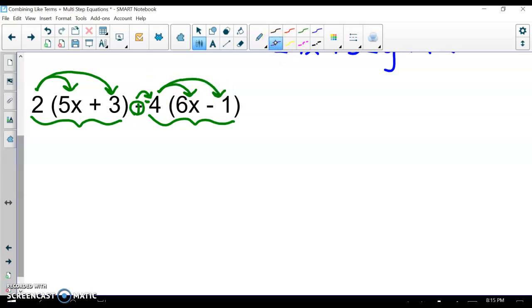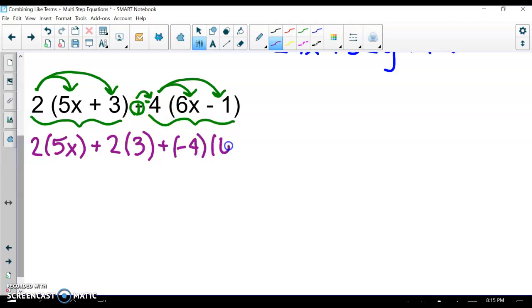Let's write all of that out. So we have 2 times 5x plus 2 times 3 plus negative 4 times 6x plus negative 4 times negative 1. I'm putting the negative 4 in parentheses so we don't lose negative signs there.